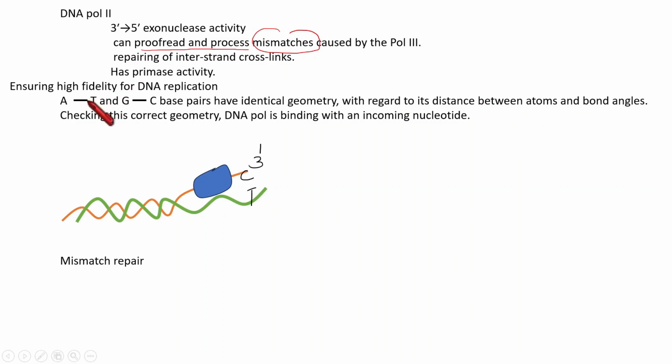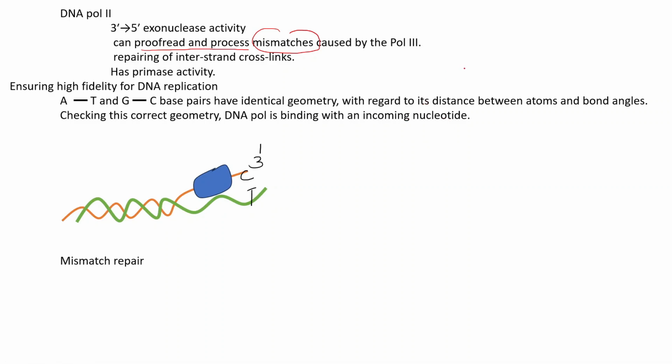Adenine thymine base pair as well as guanine cytosine base pair. So considering that best geometry, DNA polymerase 3 is selecting an incoming nucleotide. It checks whether the incoming nucleotide has a good geometry to pair with the base in the template strand.